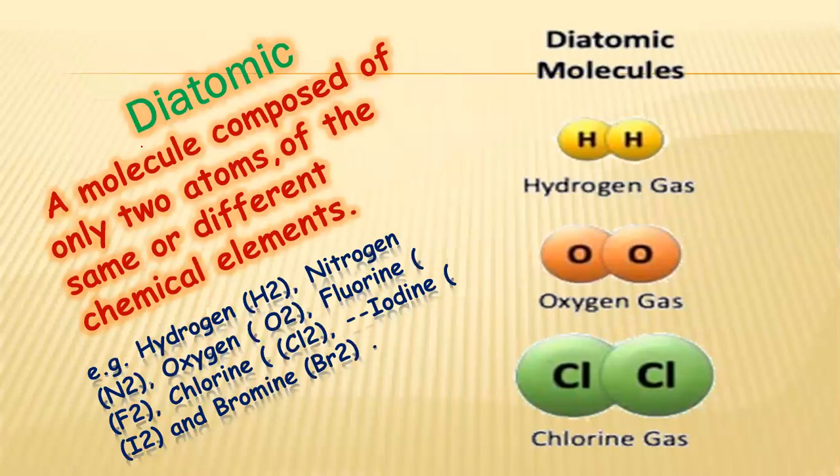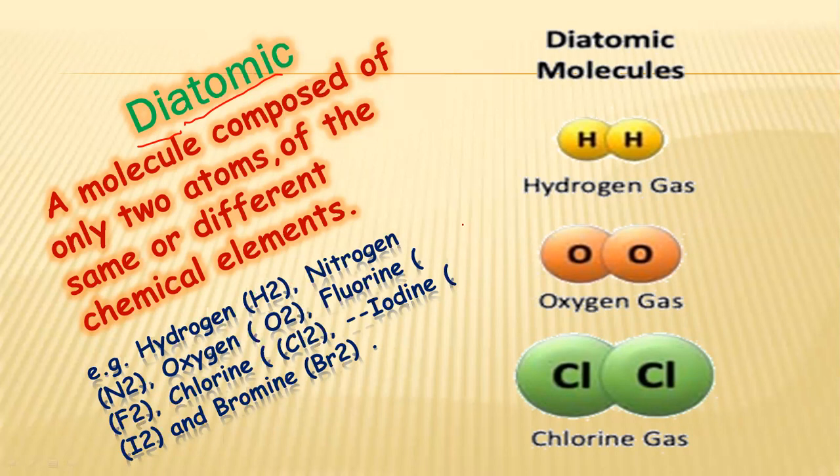Now let's see diatomic. Di means two, atomic means atoms. In this molecule, two atoms are combined together. They can be the same or different. So it is a molecule composed of two atoms of the same or different chemical elements.